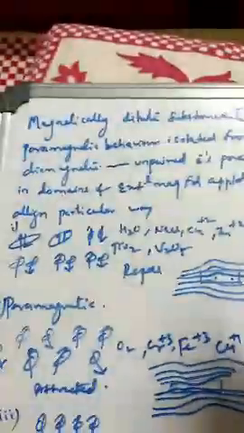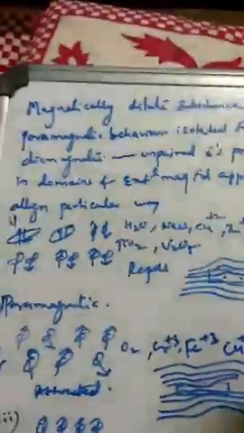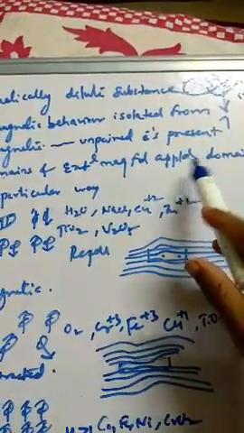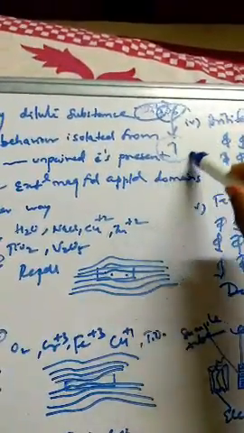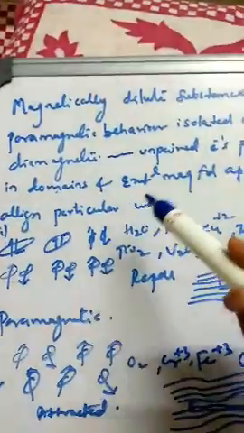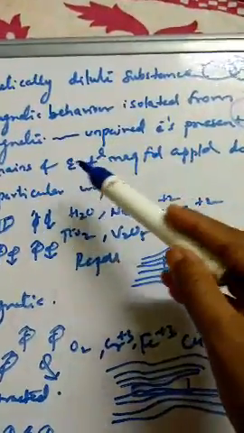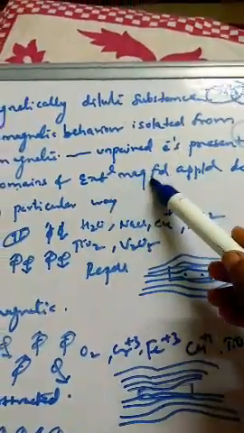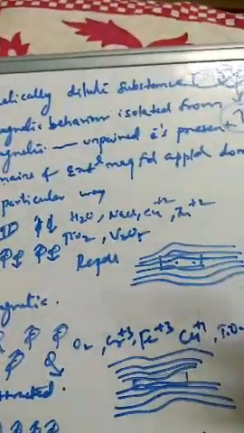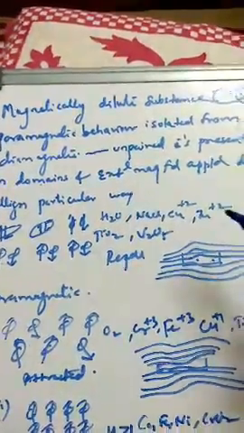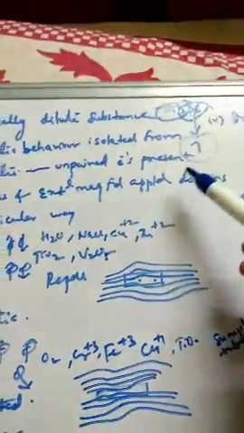Now we are studying these unpaired electrons in the presence of an external applied magnetic field. When these isolated paramagnetic electrons are observed, the nature of their alignment in the presence of the external magnetic field gives us different characteristic magnetic properties of the substances, because they align in different ways.